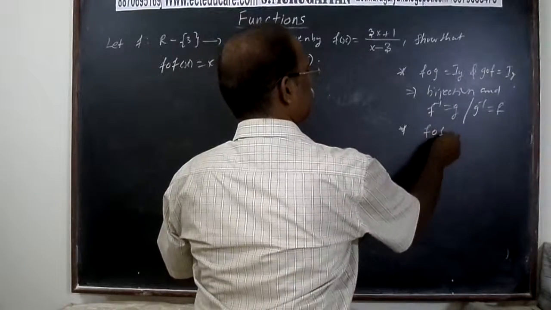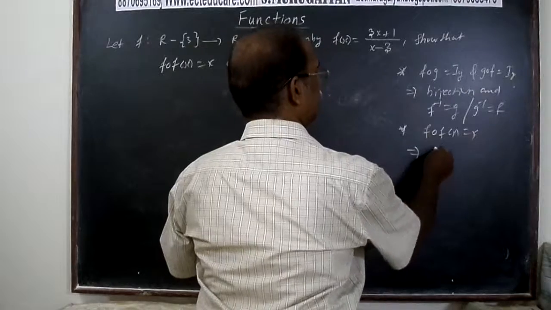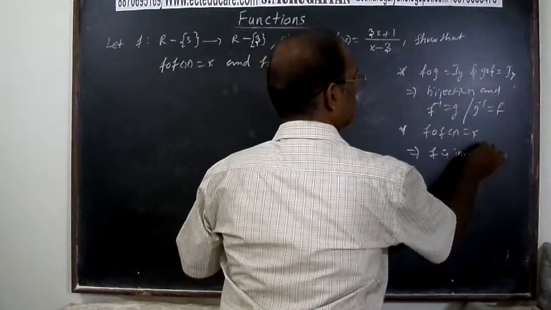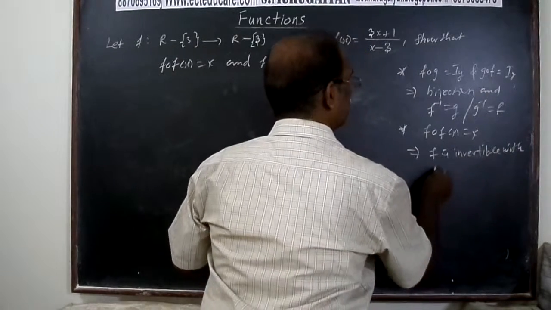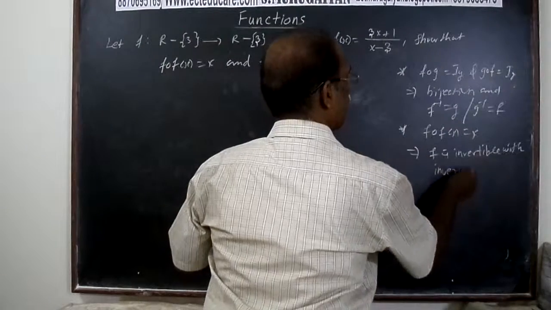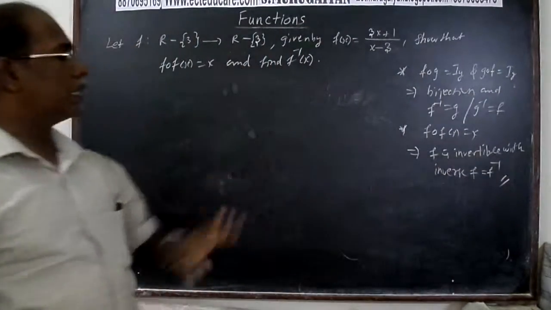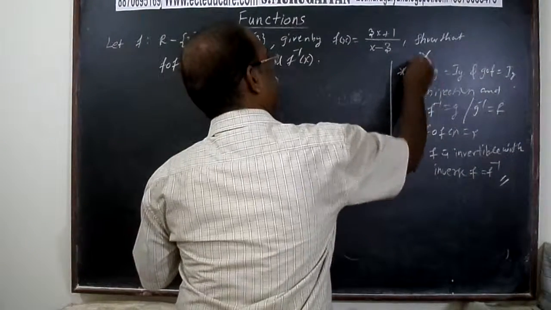In case f∘f(x) = x, straight away we can say f is invertible with the inverse f equal to f inverse. So the given function is its own inverse. So these two points are very important.